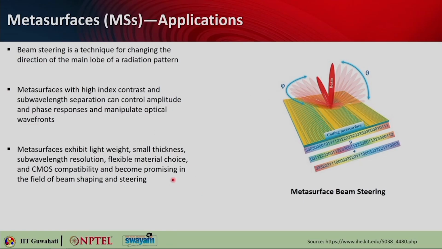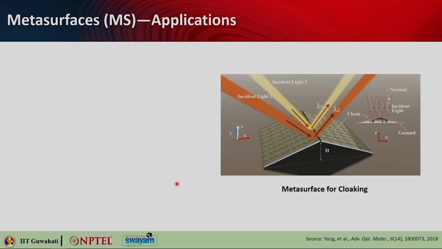So metasurfaces exhibit ultra lightweight, small thickness, sub-wavelength resolution, flexible material choice, and CMOS compatibility, to become a promising candidate for devices such as beam shaper or beam steerer. Okay, so these are the applications.